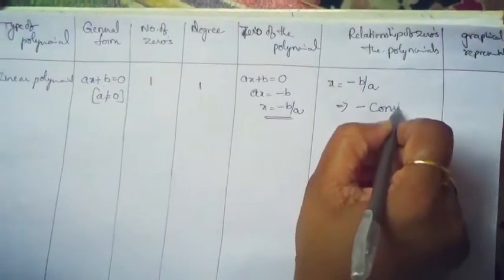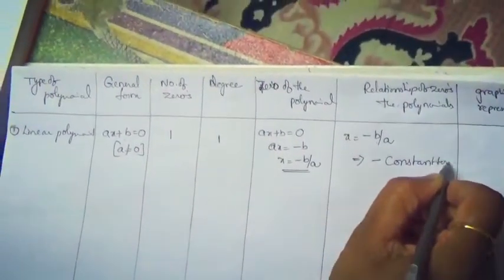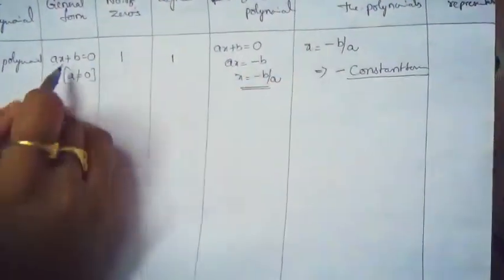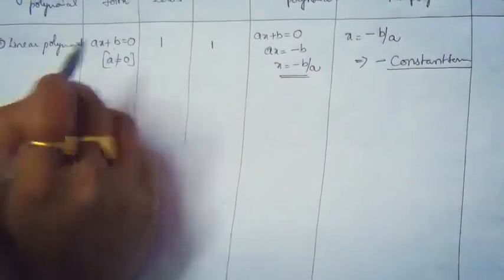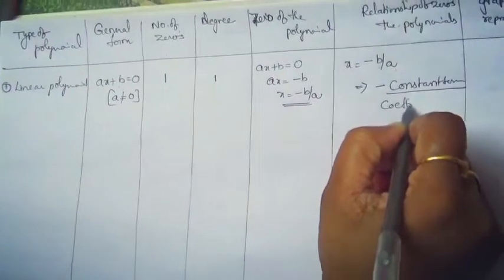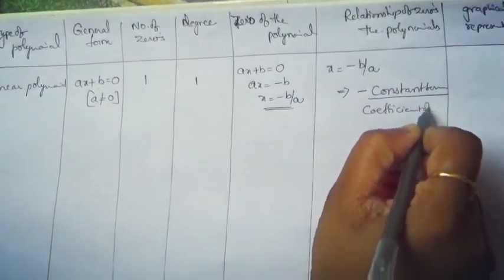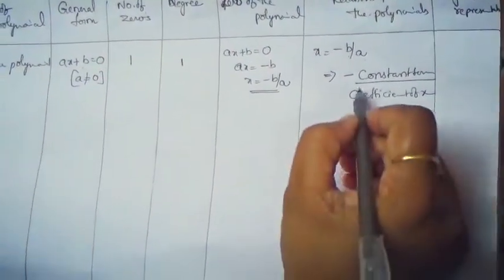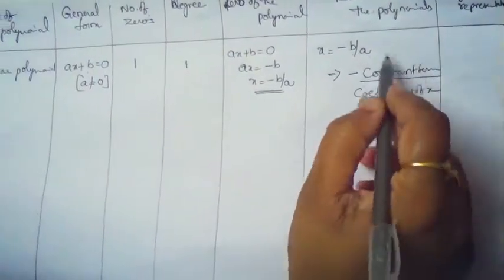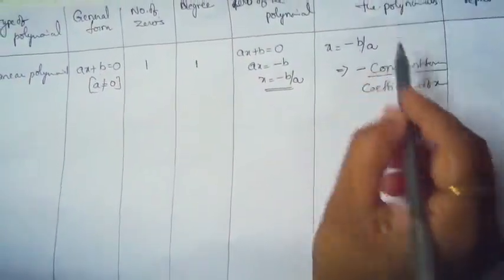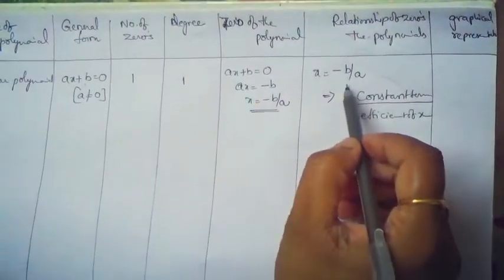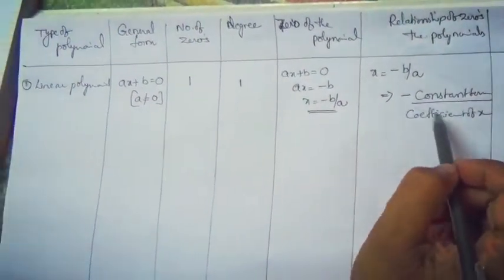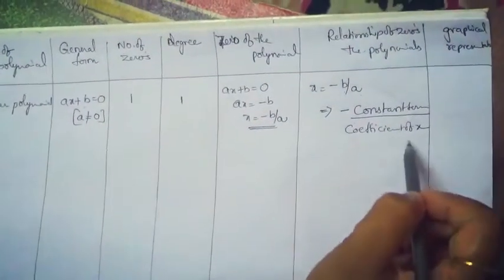Minus constant term by a, which means the coefficient of x. So it is the relationship between the zeros of a polynomial: x is equal to minus b by a, that is minus constant term by coefficient of x.